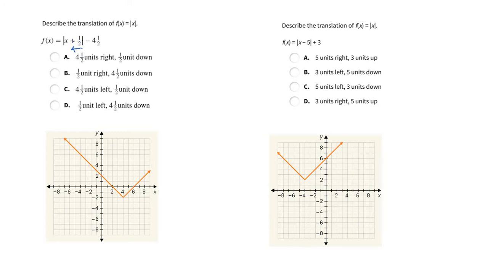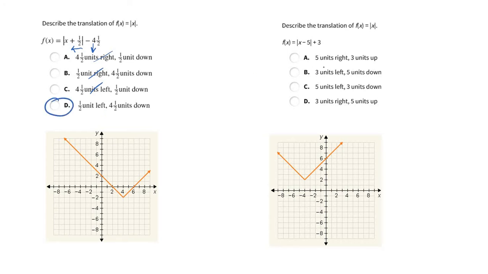That's why the sign's positive, because it was x minus h in the original equation. And this one's going to go down 4.5. Okay, that sign matches. So let's see which one says that. So 4.5 right, nope. Nope. 4.5 left, nope. Half left, 4.5 down. So D would be the correct answer there.